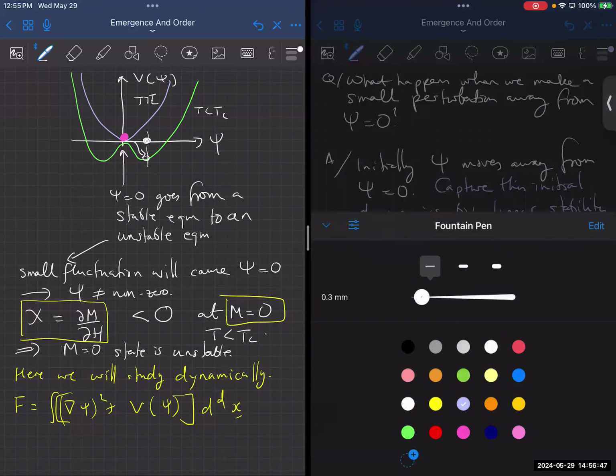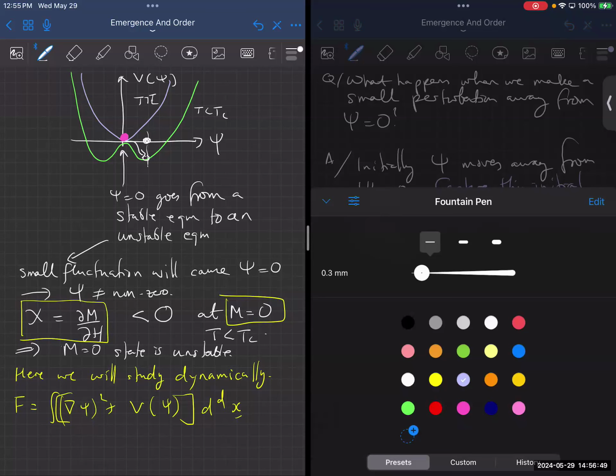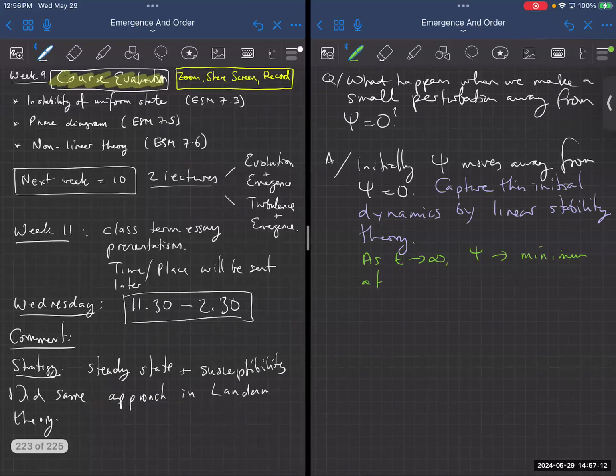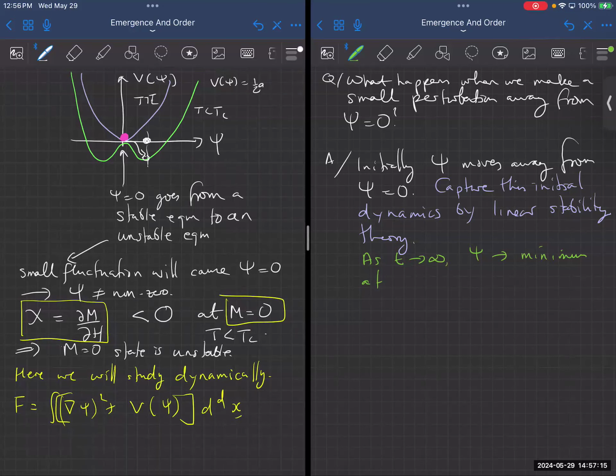So that's what happened initially. Now we know that what actually happens is, as time goes to infinity, psi approaches the minimum of V of psi, which is equal to a half a psi squared plus 1/4 b psi to the 4th.